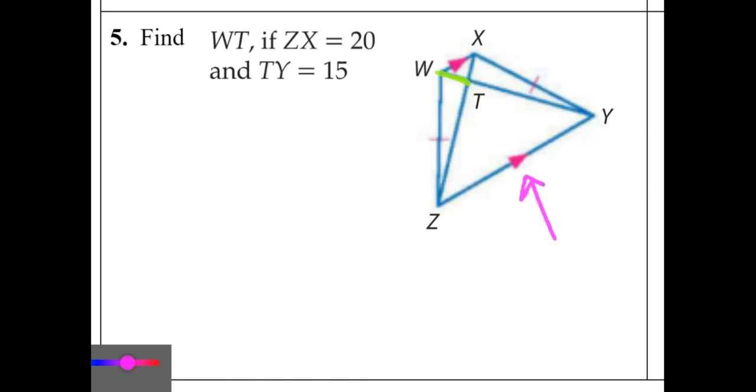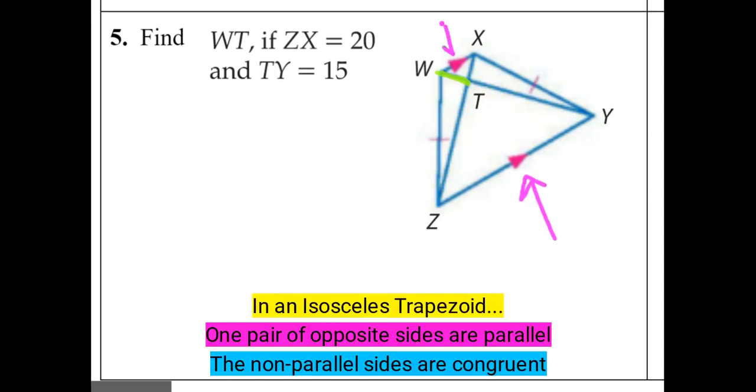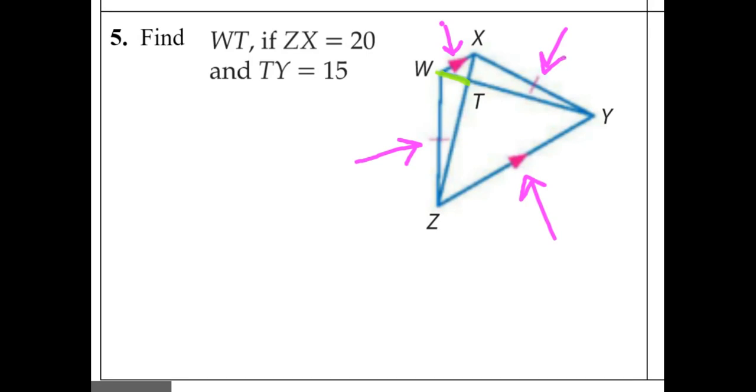Well, I am seeing these markings right here, which means that one pair of opposite sides are parallel, and the two sides that are not parallel are congruent. So that tells me that it's an isosceles trapezoid. So because I know it's an isosceles, I can conclude the diagonals are congruent. So once again, I'm looking for this WT piece right there.